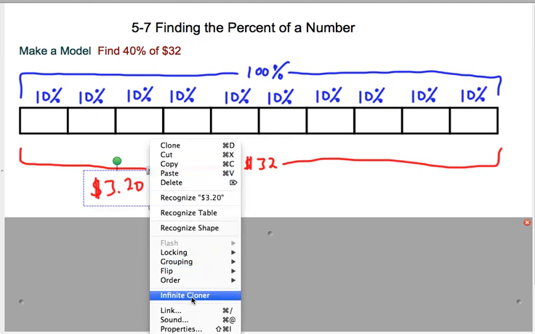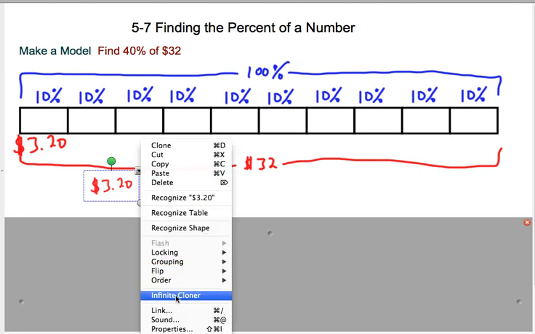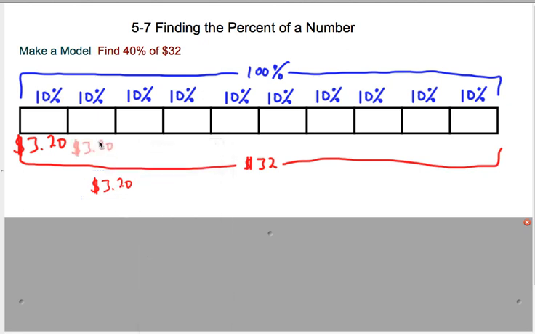And let's see if we can clone that as well. We'll change it up. We'll try an infinite cloner this time. Oh, we need it a little smaller. Alright, let's try that again. $3.20. Alright, so each of these rectangles represents $3.20. It also represents 10%.